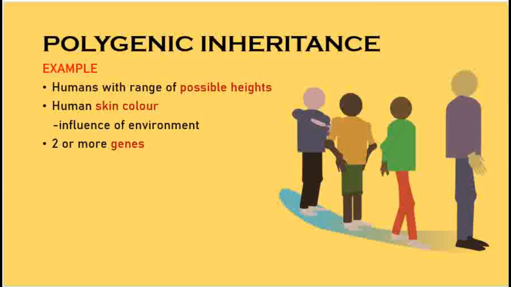Let's see an example here; you will get a complete understanding of it. An example of polygenic inheritance is humans with a range of possible heights. If you apply Mendel's experiment and his laws to humans, a human would be either tall or short.